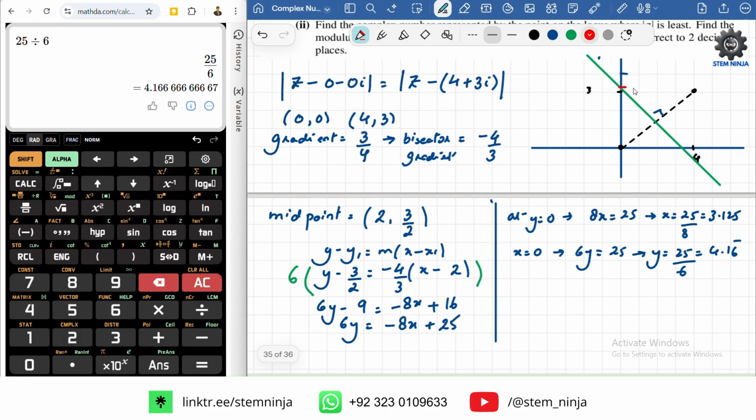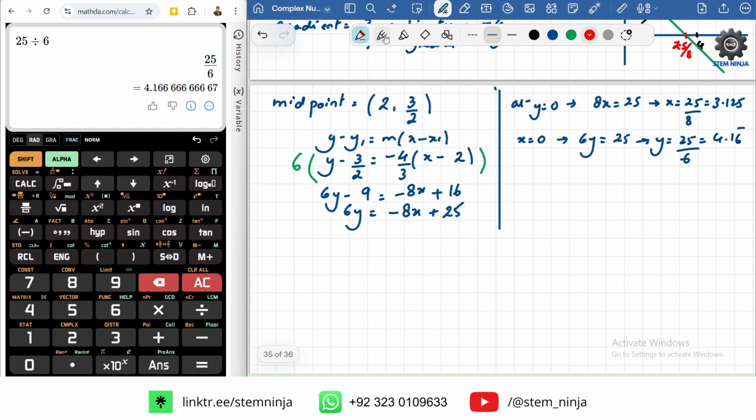This is 25 by 6, and this is 25 by 8. Right, so the locus is a line: 8x plus 6y equals 25.